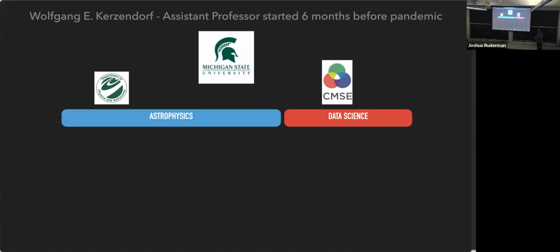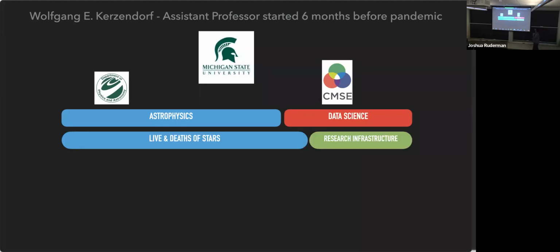And here I do partially astrophysics: 70% astrophysics is my contract, and 30% data science. I do care a little bit more about life and death of stars, and also think about research infrastructure. How do we work together? And I'll see if I get to that point. We'll see how many questions there are. And I really hope there will be many questions, because I love to hear myself talk, but I love dialogue more. So please do step in.